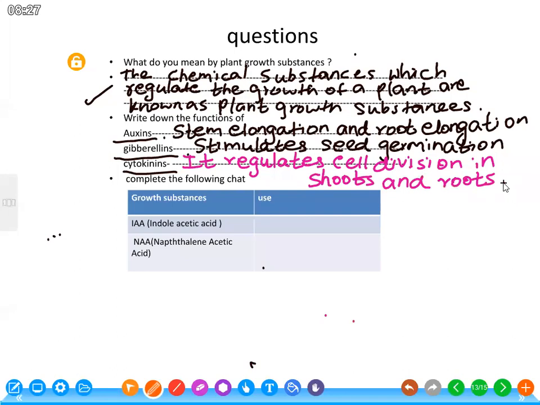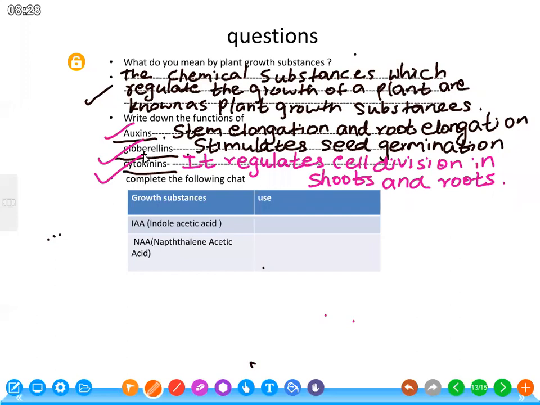Okay. So, these are the functions of auxins, gibberellins, and cytokinin. Only I mentioned one function here, right? You can write other functions also. Okay, I will correct it after the reopening of the school.